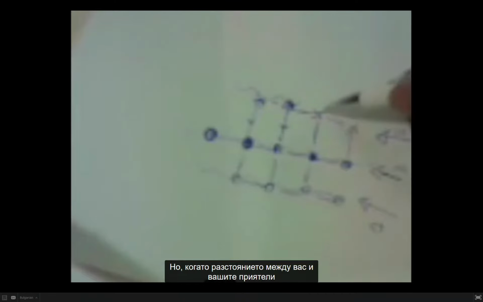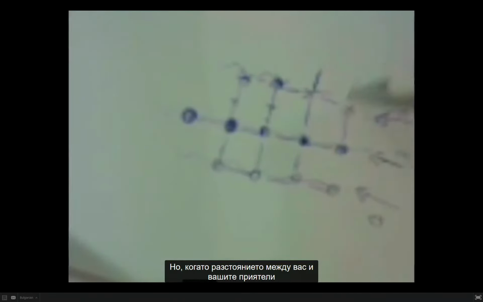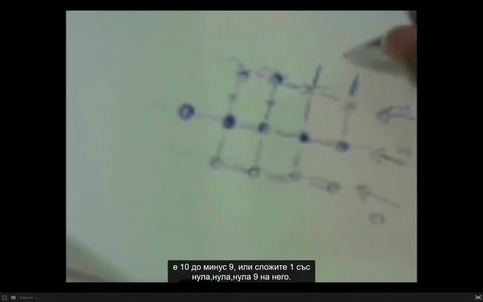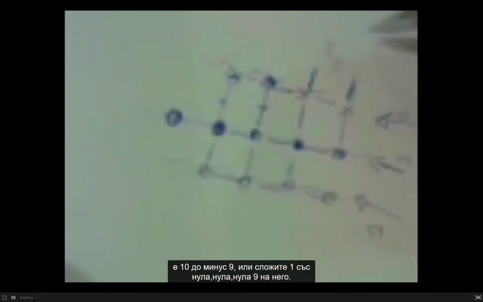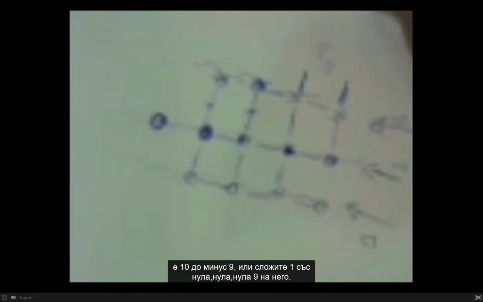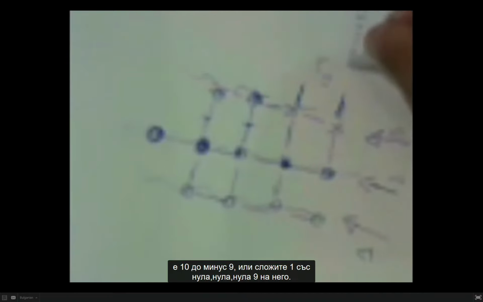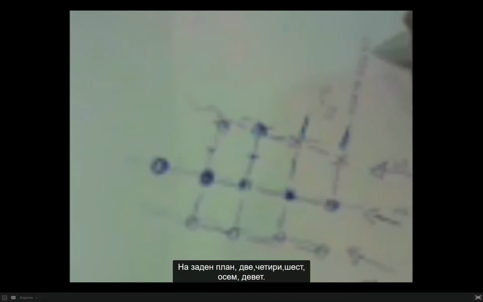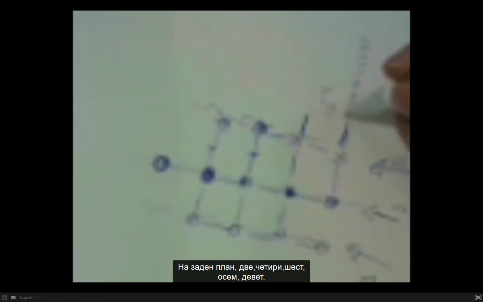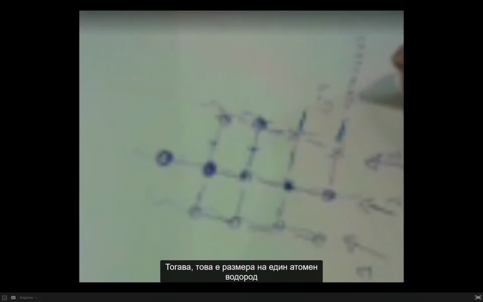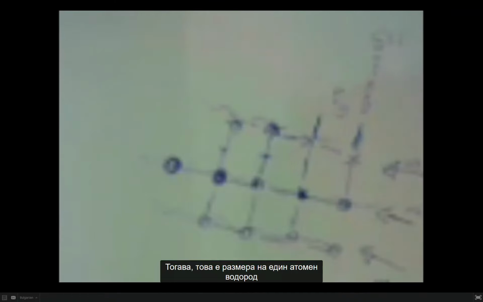But when the distance between your friends and you is 10 to the minus 9, or you put 1 with 0009 of it in the background, 2, 4, 6, 8, 9, then this is the size of one atomic hydrogen.